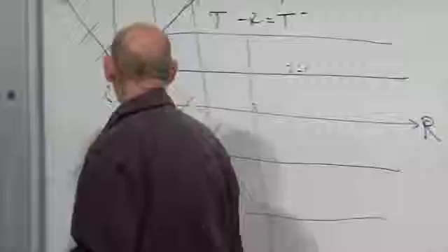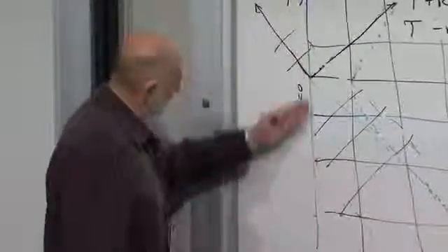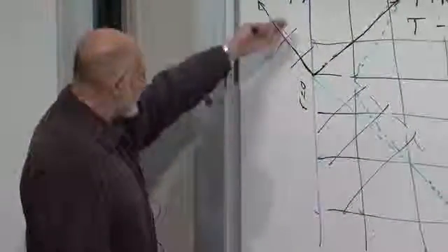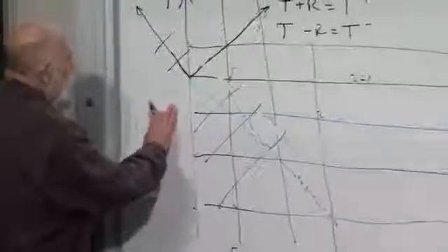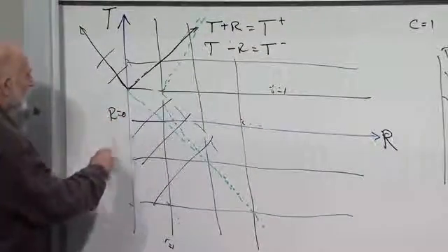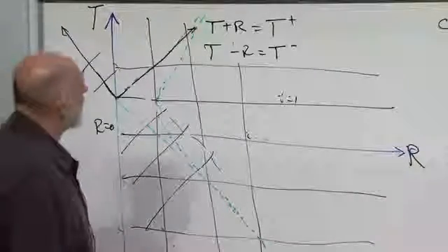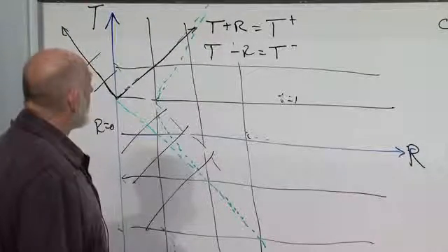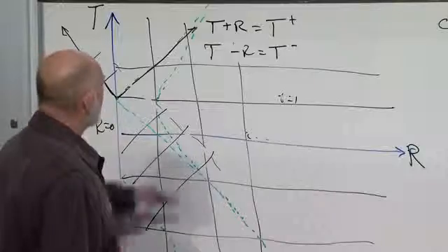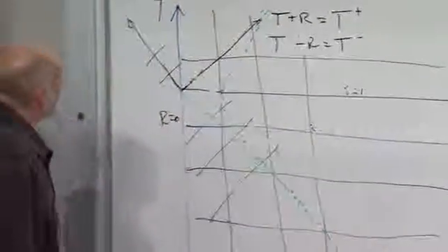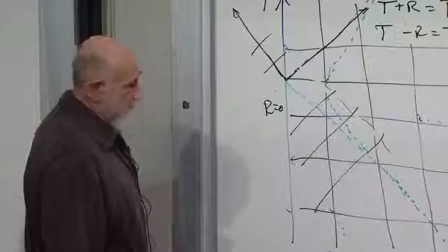Now, what about this line here? This line was just plain r equals 0. What is r equals 0? That's t plus equals t minus.